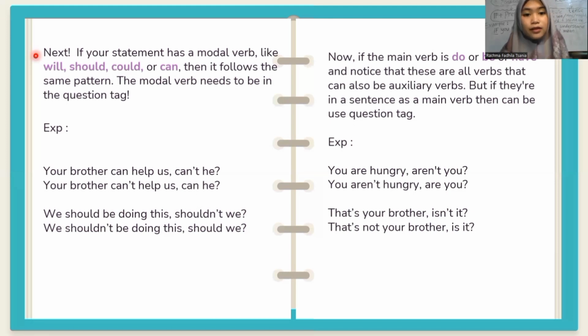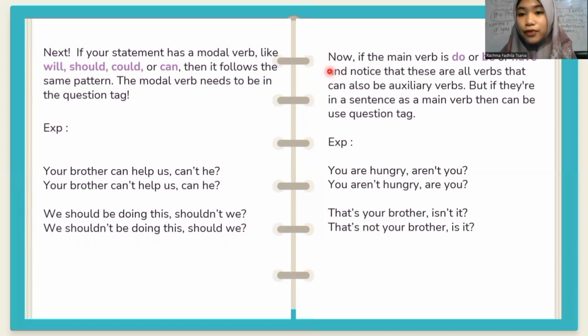Negative statement followed by positive question tag. We should be doing this, shouldn't we? Positive statement and negative question tag. We shouldn't be doing this, should we? Negative statement followed by positive question tag.